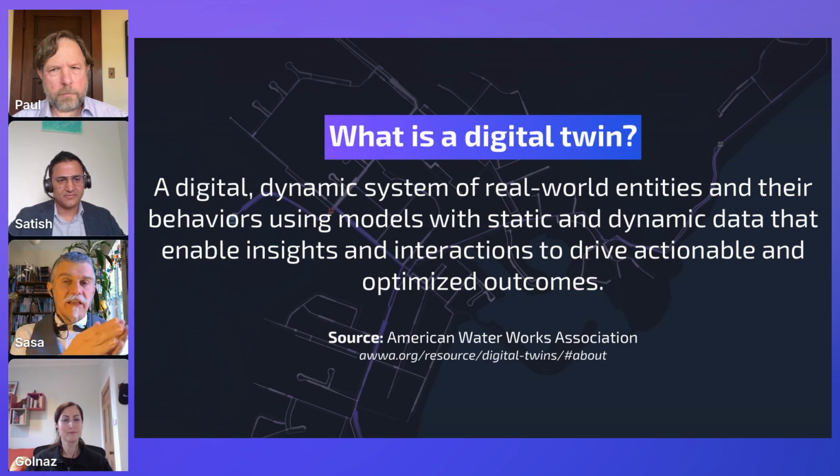And this data could be static data like GIS or dynamic data like SCADA. A digital twin is supposed to integrate multiple sources of information and then present them to the right people at the right time to support decision making. So simply said, a digital twin is the integration of different sources of data to support decision making.